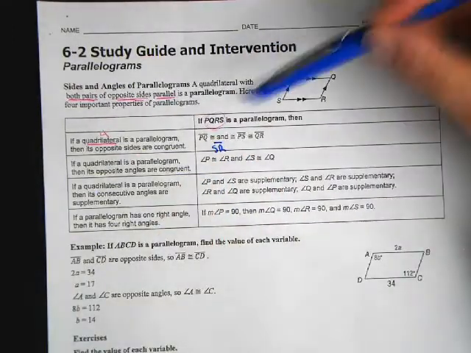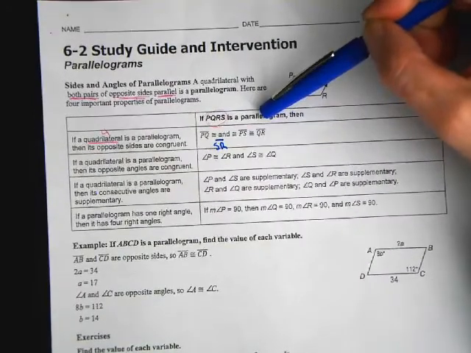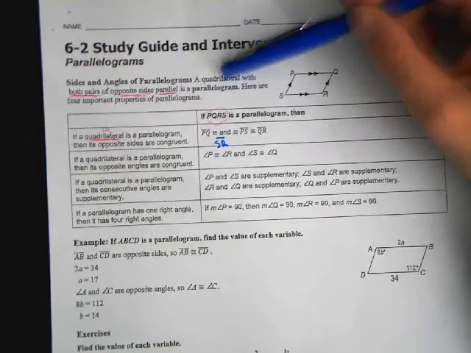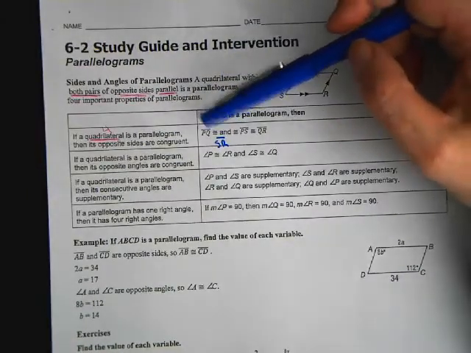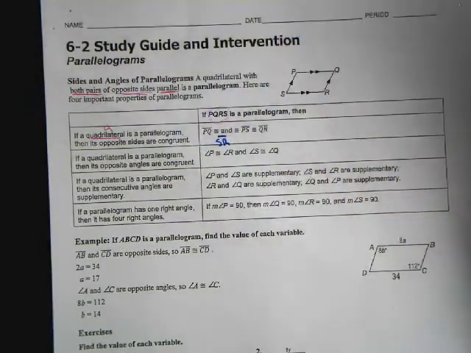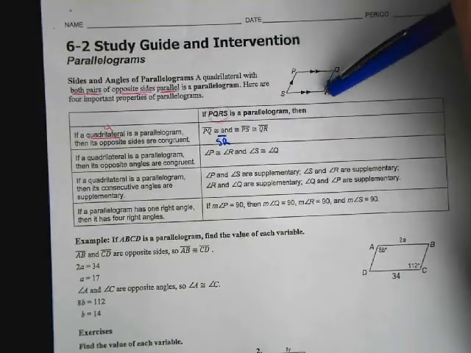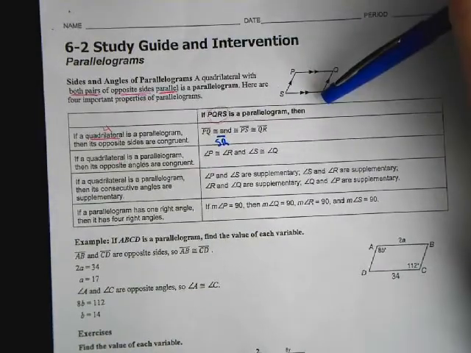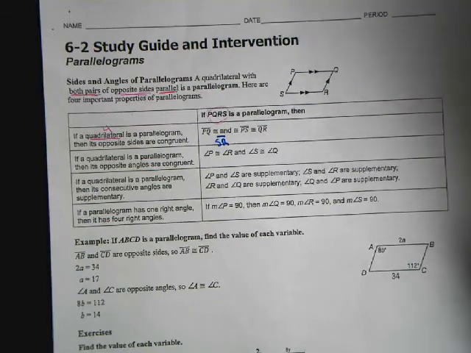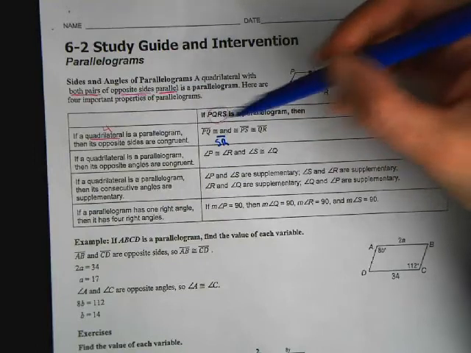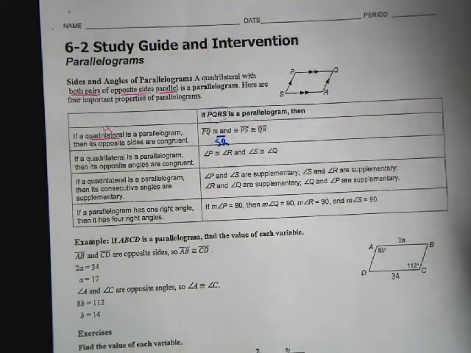Okay, so if you have a quadrilateral that is a parallelogram, because by definition, parallelograms are quadrilaterals, then opposite sides are congruent, okay? PQ and SR, PS and QR, okay? Congruencies, you're probably going to want to have the order correct with the sides, but it doesn't really matter whether you had PQ or SR.